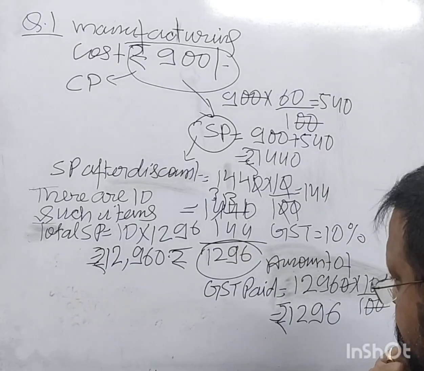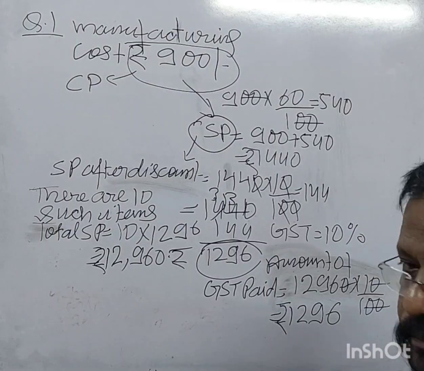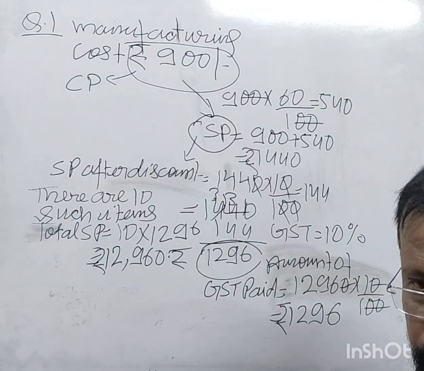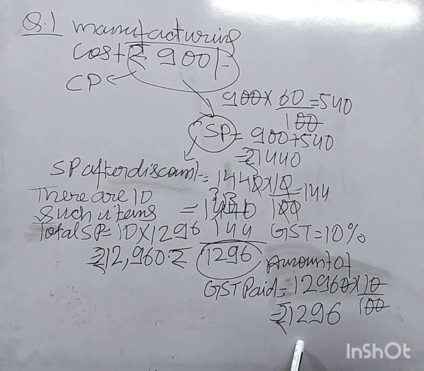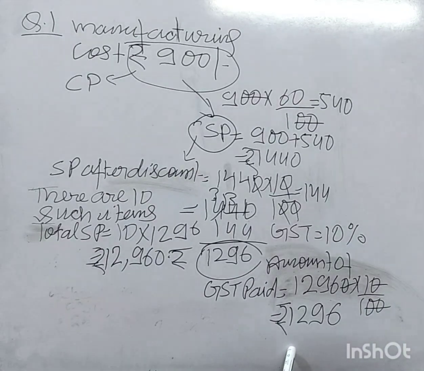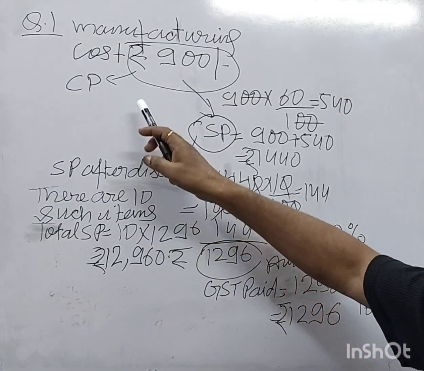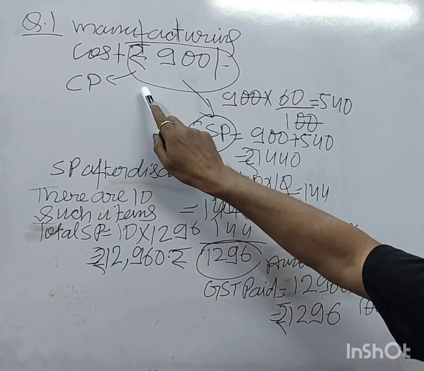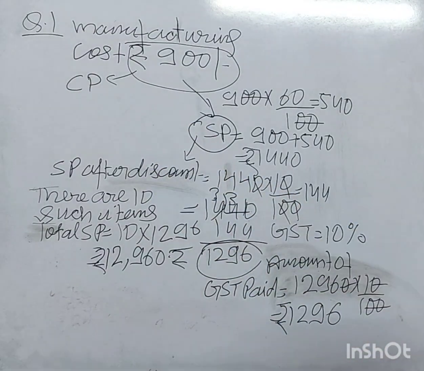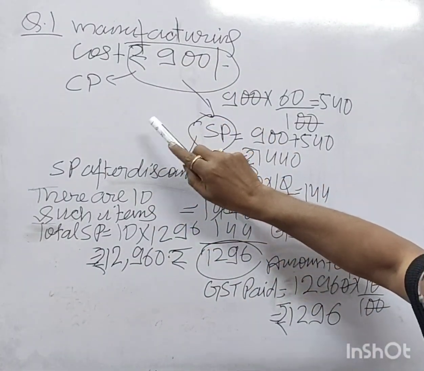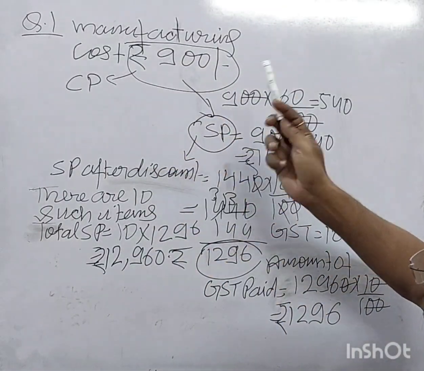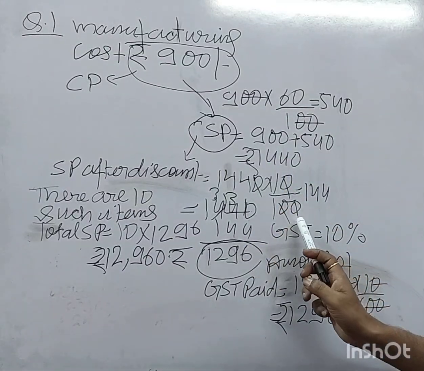So what is your answer? 1,296 rupees. Right? Here the manufacturer raised the price 60%, then gave 10% discount.